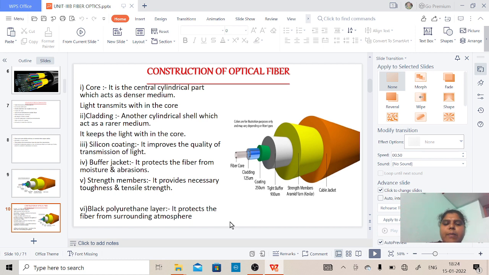And the black polyurethane layer or cable jacket also protects the fiber from the surrounding atmosphere. So all these guide and protect the information. Except core and cladding, the remaining are all named as protecting layers. So each one is different in its properties.